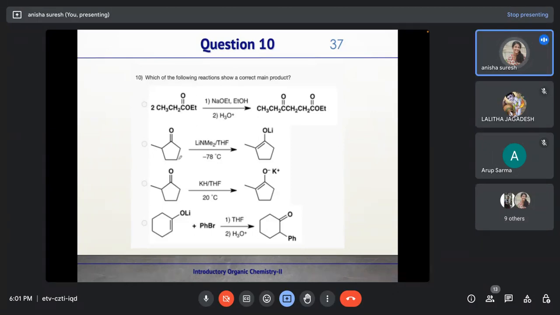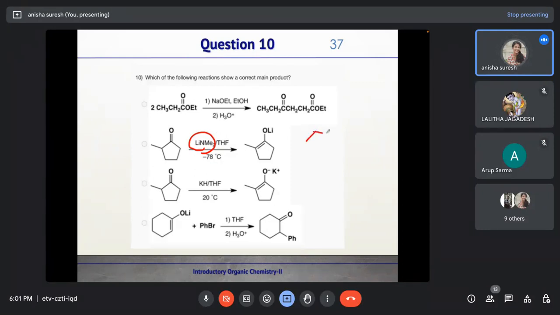Second one will not be correct because here this LiNMe2 is a bulky base. So it will not give rise to a thermodynamic product. We have seen when we were discussing thermodynamic and kinetic enolate that bulky bases will give rise to kinetic enolate.